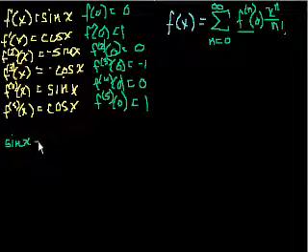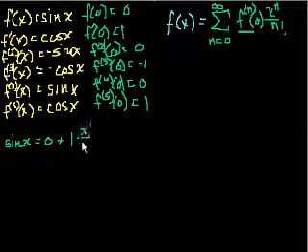So sine of x, the Maclaurin series representation, is going to be equal to, well, f of 0, well, that's 0, plus the first derivative, which is 1, times x to the 1 over 1 factorial, which is just 1.